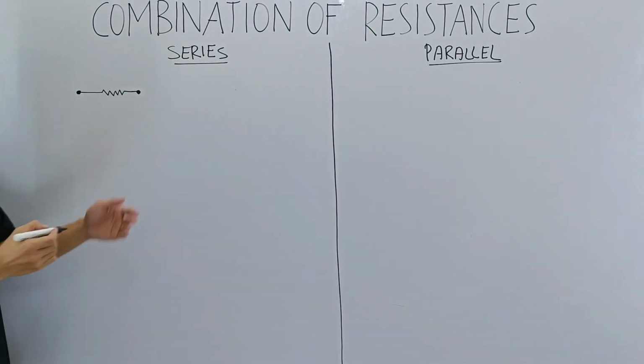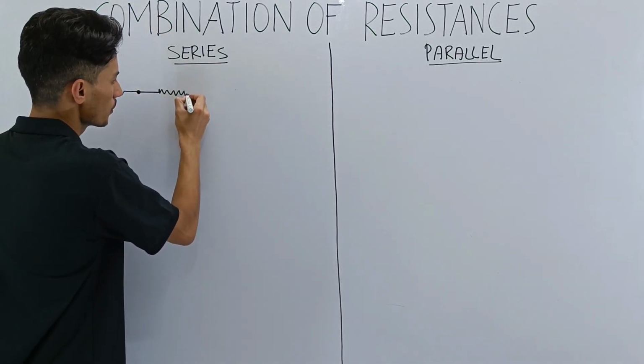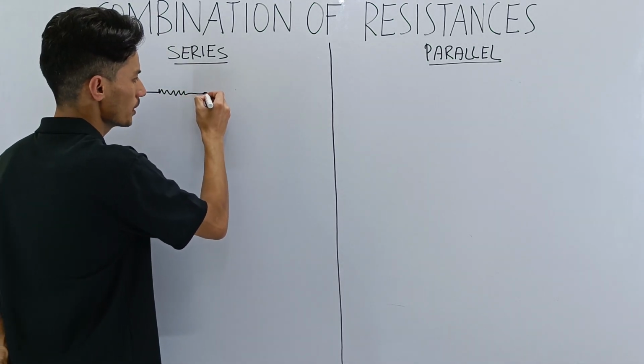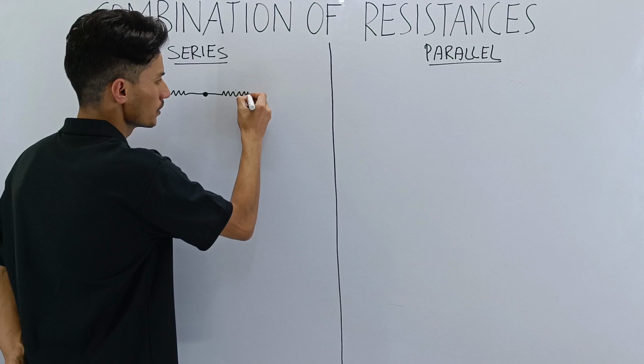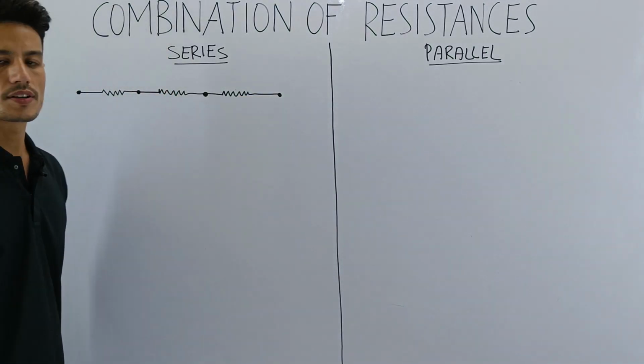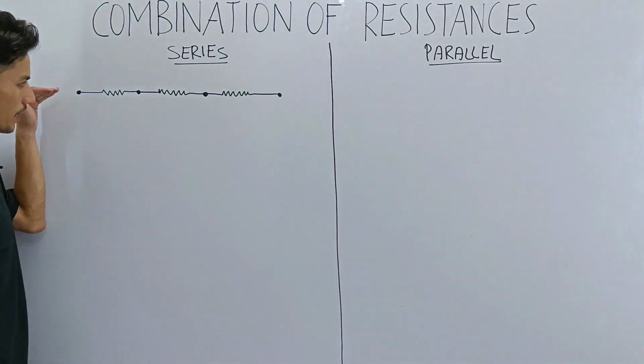Then the second resistance will also be brought here, and then it will go like this. This is the second resistance, and then the third resistance will also be brought in, and then it will go like this.